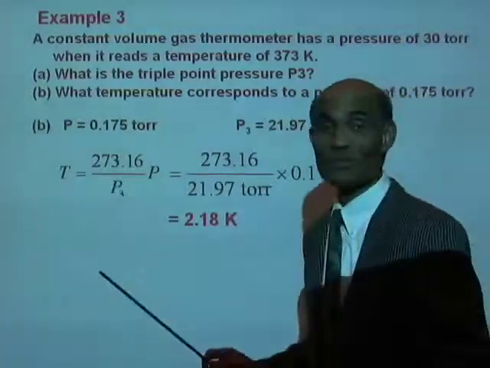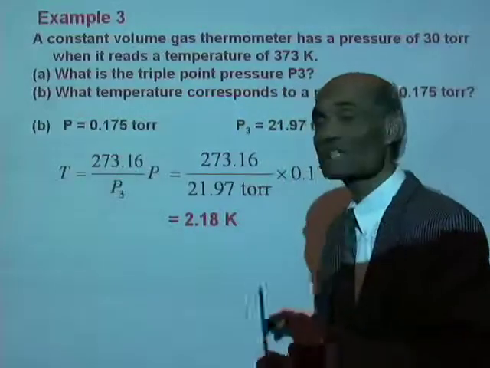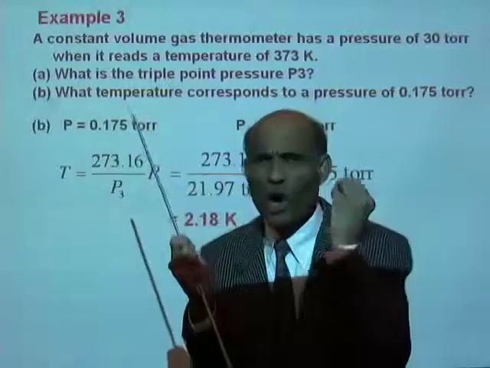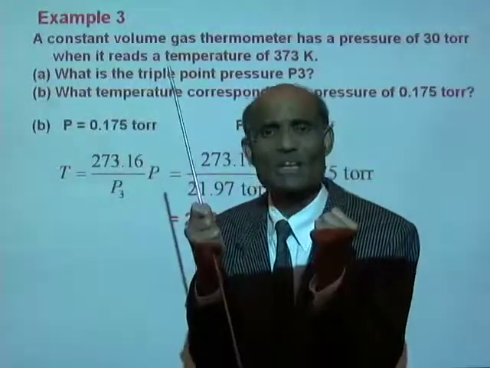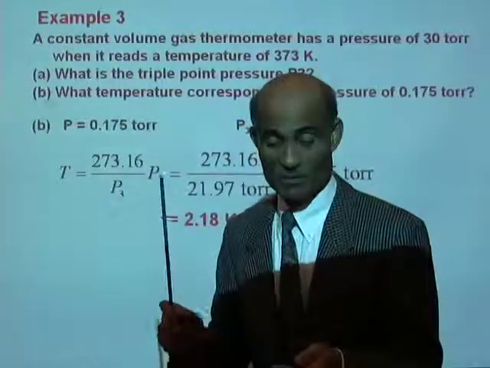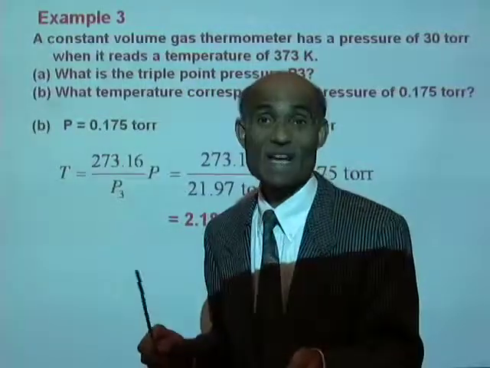You notice that that is a very, very low temperature. 2.18 Kelvin is the temperature at which the molecules are almost absolutely at rest. Is that right? Okay, we will now use some of these to discuss what I call the gas laws.